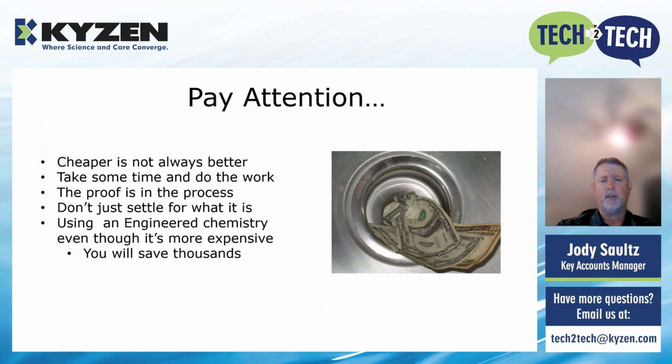So, pay attention. Cheaper is not always better, even though alcohol versus an engineered chemistry definitely is cheaper. Using an engineered chemistry will definitely save you thousands of dollars. If you have multiple printers, that adds up in a hurry, not to include the cost of rework and inefficiencies from the printing process when the process is out of control.